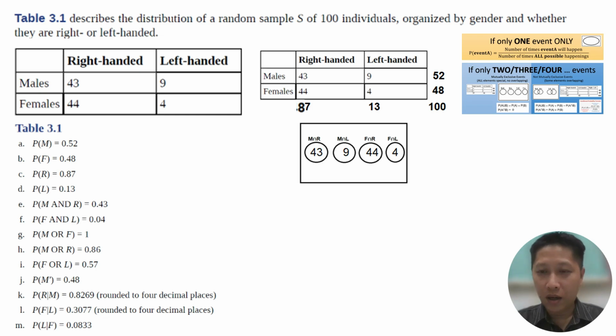Now, in order to get more from the given raw table, it is a good practice that we add up how many males, how many females, and also how many using their left hand and how many are using their right hand.